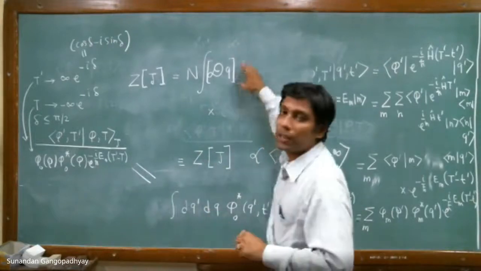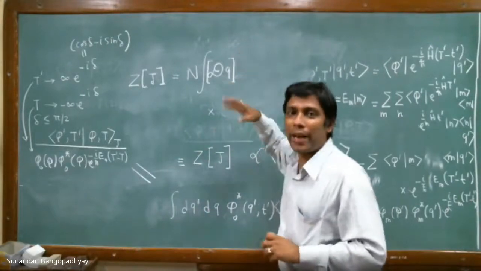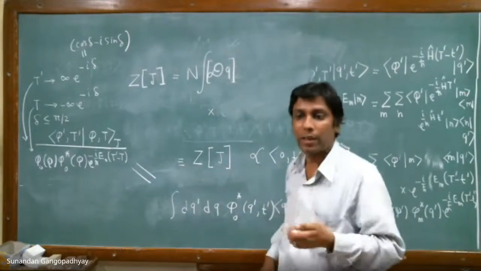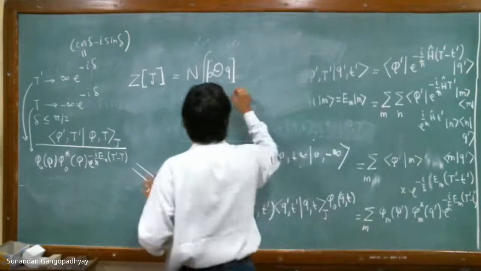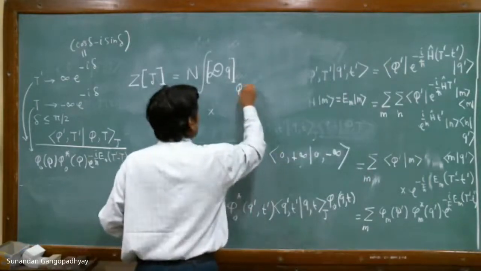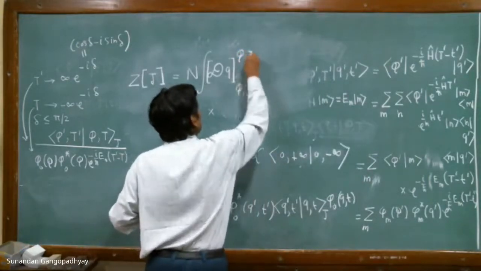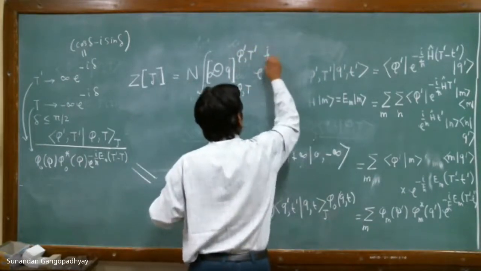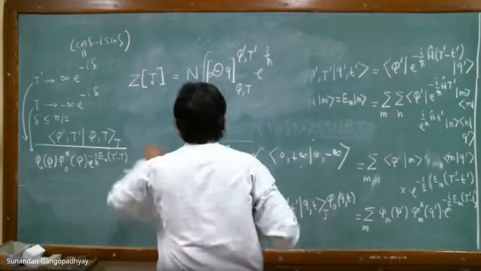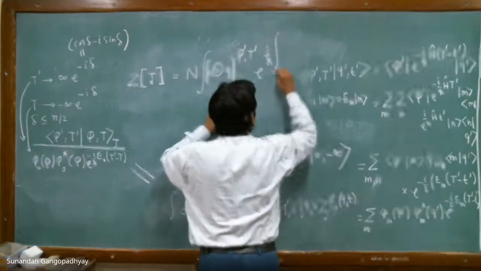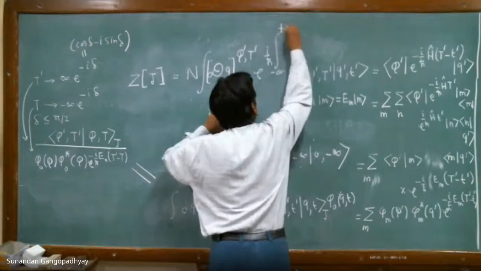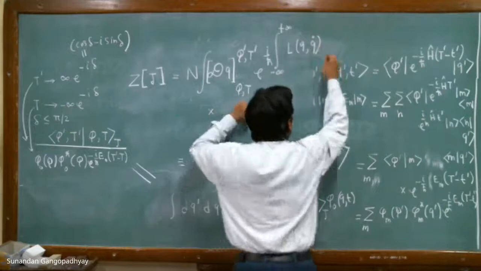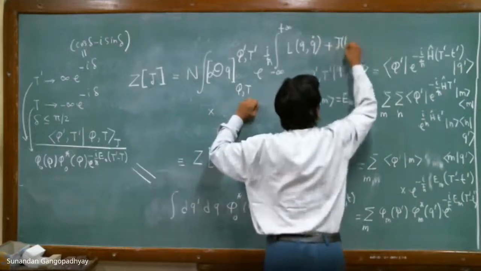I will no longer put the limits here, because I know that these are basically minus infinity to plus infinity. So I forget about it, but you can write it also. What you can do is put q(t), q prime, and then you have e to the power of i by h bar in the presence of source. So this is from minus infinity to plus infinity, L plus Jq.